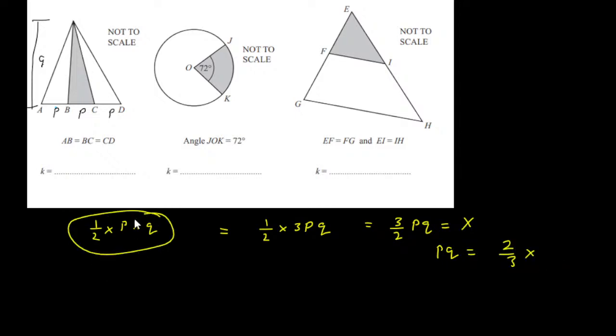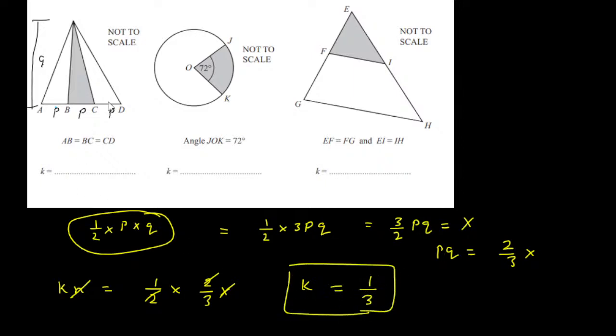Now this part is kx. So kx is half into PQ. I will write PQ as 2 divided by 3 x. So the x will cancel and this 2 will cancel, and the value of k I will get 1 by 3. So in the first case the value of k is 1 divided by 3.